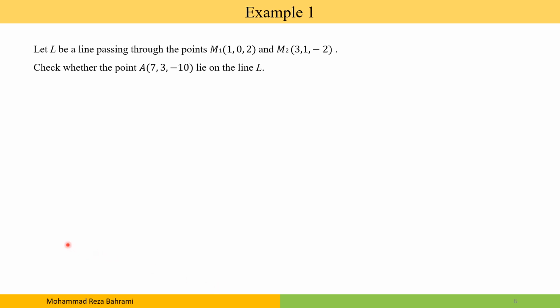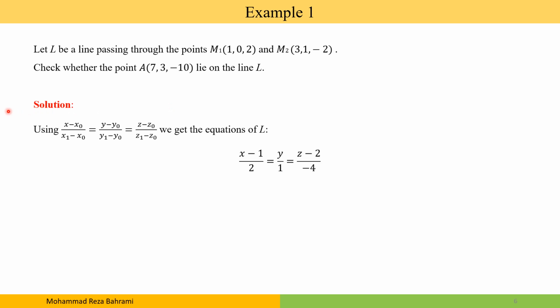So let's have an example here. Let L be a line passing through the points M1 and M2. You can see the coordinates of these two points. We want to check whether the point A with these coordinates lies on the line or not. In this case, we can use the canonical equation of a line for two given points.